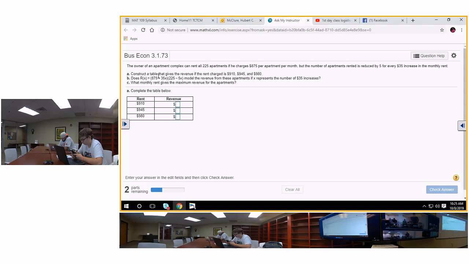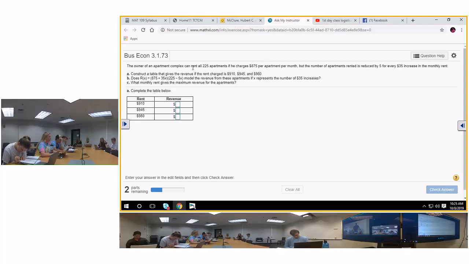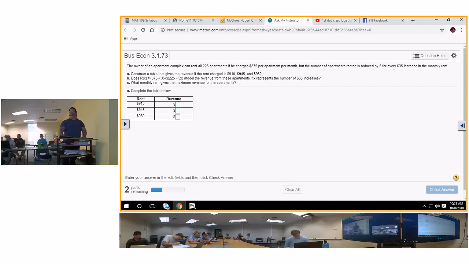Construct a table that gives the revenue if the rent charged is $9.10, $9.45, and $9.80. Okay. Reduced by 5 for every $35.